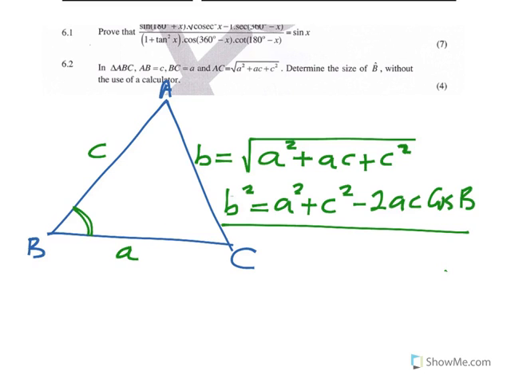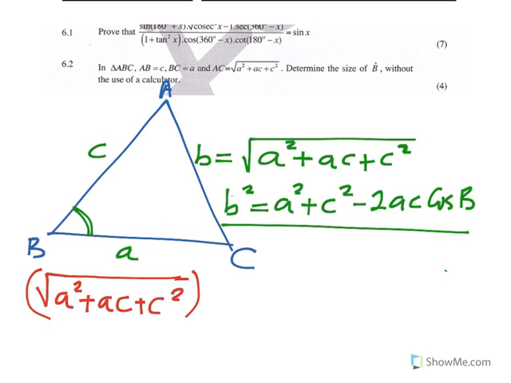Now, having gotten that, remember here, I'm now using my original pen. We know what b is. b is the square root of a squared plus ac plus c squared.